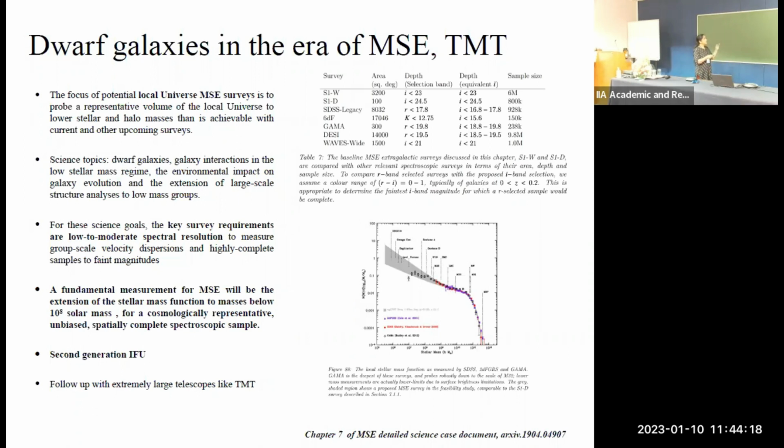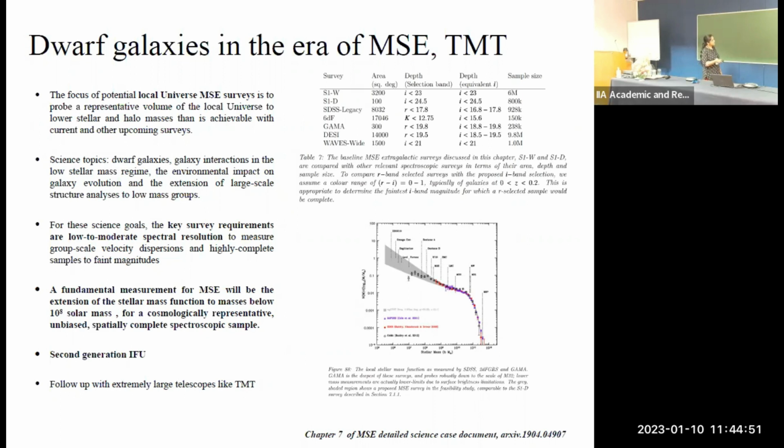The MSc surveys are basically to go to the low stellar mass, and the main science drivers for that are the dwarf galaxy interactions in the low stellar mass regime, environmental effect, etc. So you need a low to moderate spectral resolution, and there are surveys in this, and the fundamental measurement will be the extension of the stellar mass function below 10 to the power of 8 solar mass with a complete spectroscopic sample.